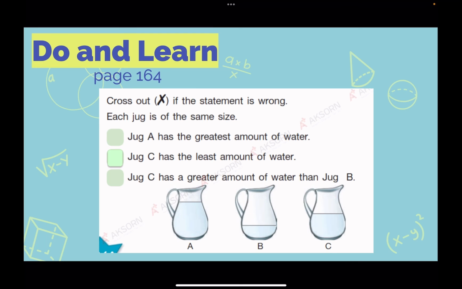So you're going to cross out, jug C has the least amount of water, because the least amount of water is in jug B. So the statement here is wrong. It should be jug B has the least amount of water. So please cross out jug C has the least amount of water.